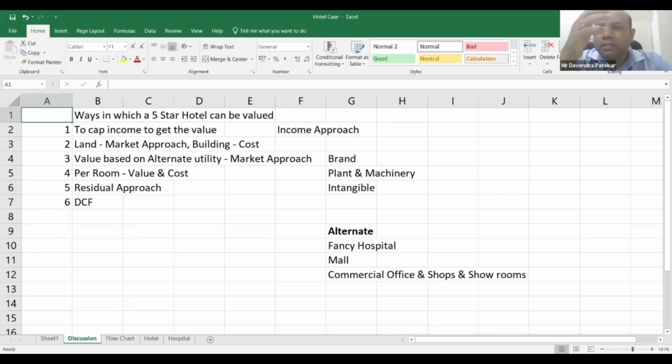So let's say there are similar three-star hotels in the vicinity or in that city, and the per room cost of the similar three-star hotels or a five-star hotel can be estimated, and after certain adjustments related to the location advantages and disadvantages, we can arrive at a number for the subject hotel property and just multiply with the rooms that are there in the subject property. So that will give you the hotel valuation.